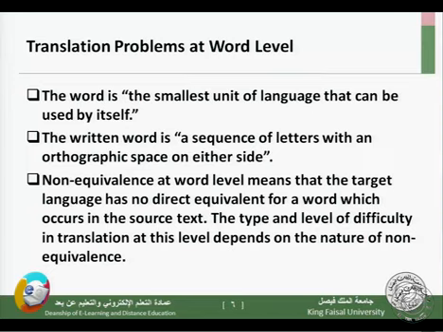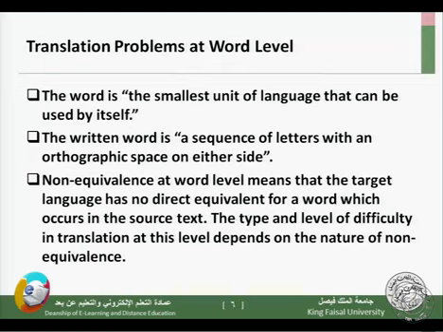Now, what is the nature of non-equivalence in the word an-naqa? Very difficult. An-naqa doesn't exist in England. They don't live there; they live only in the zoo. But if you talk about pigs, there are plenty of pigs there.